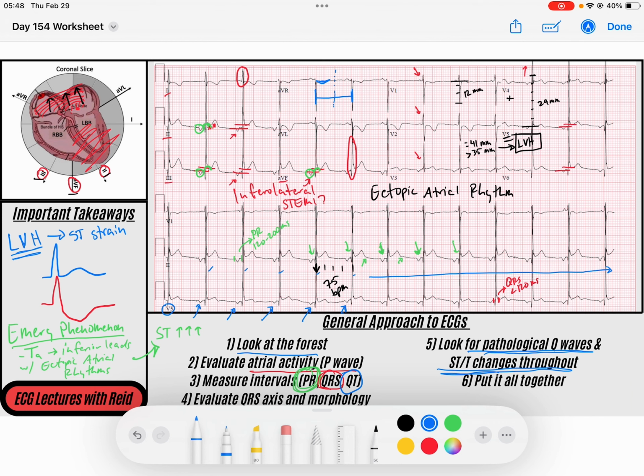But if this was a 75-year-old lady with atypical chest pain, she was diaphoretic, maybe a little bit nauseous, she had a smoking history and type 2 diabetes, right? All the vascular risk factors. And you might be wondering, I'm going to lean a little bit more towards acute coronary syndrome.